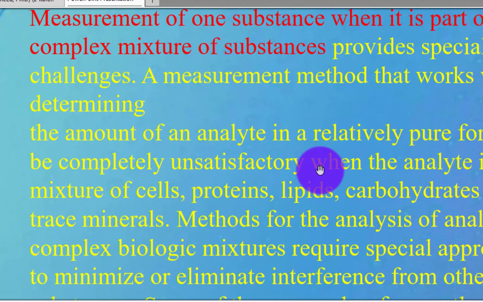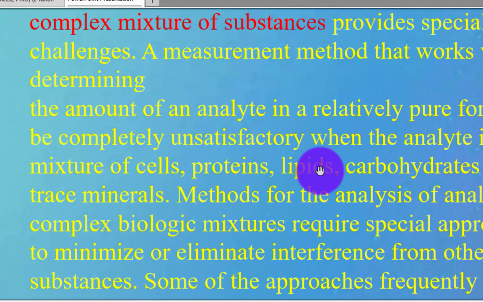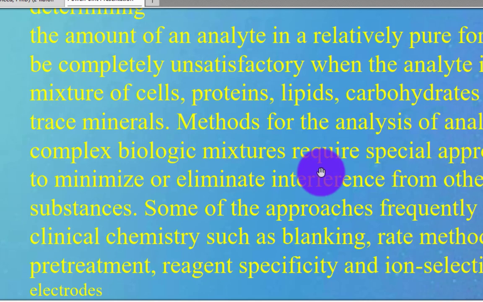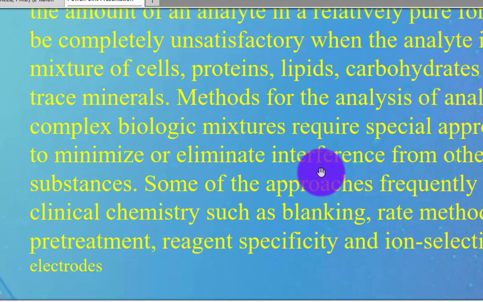A measurement method that works well for determining the amount of analyte in relatively pure form may be completely unsatisfactory when the analyte is in a mixture of salts, proteins, lipids, carbohydrates, trace minerals.